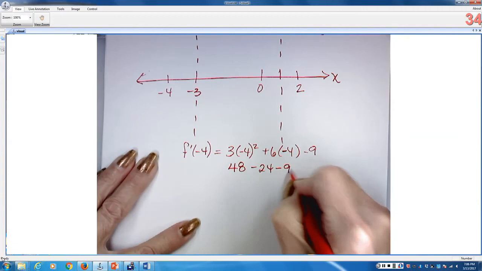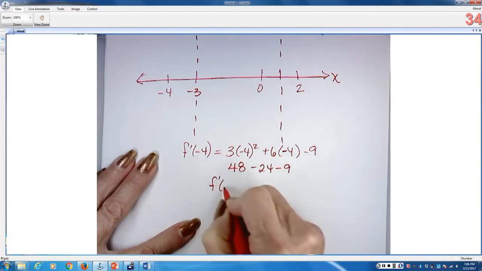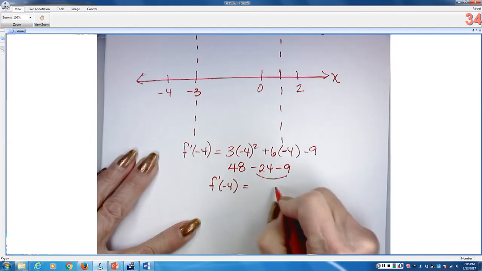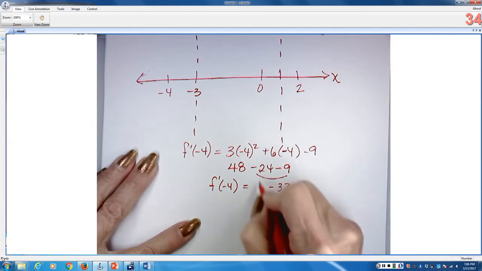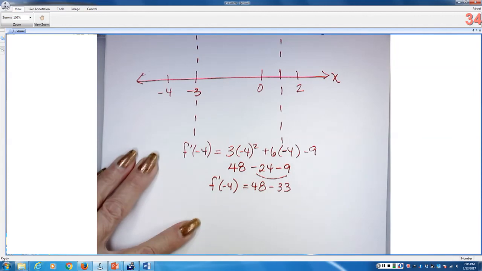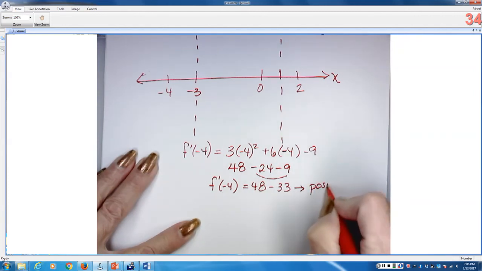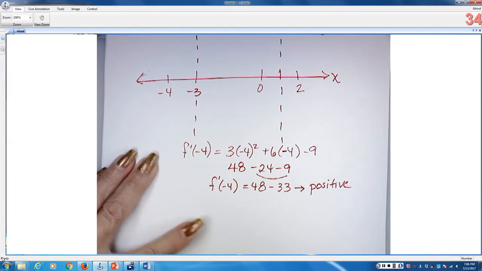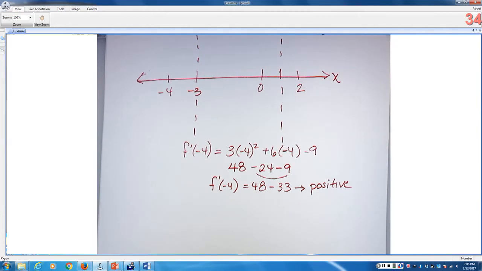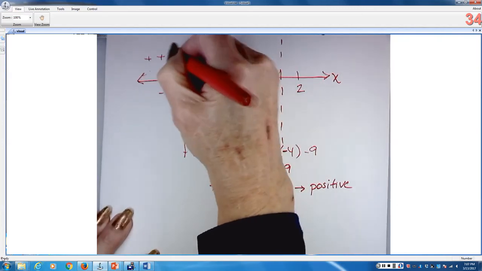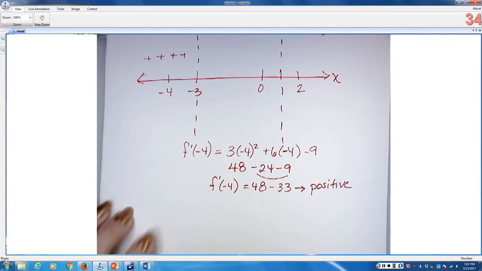And then minus 9. And if I combine -24 and 9, I get -33, and since 48 is bigger than 33, I don't really care what it is. I only care that it's positive. Okay? It's a positive number. That means on this side the slope was positive.